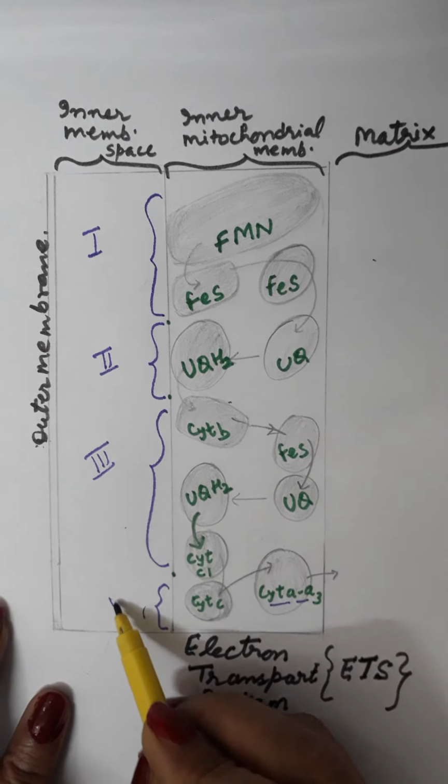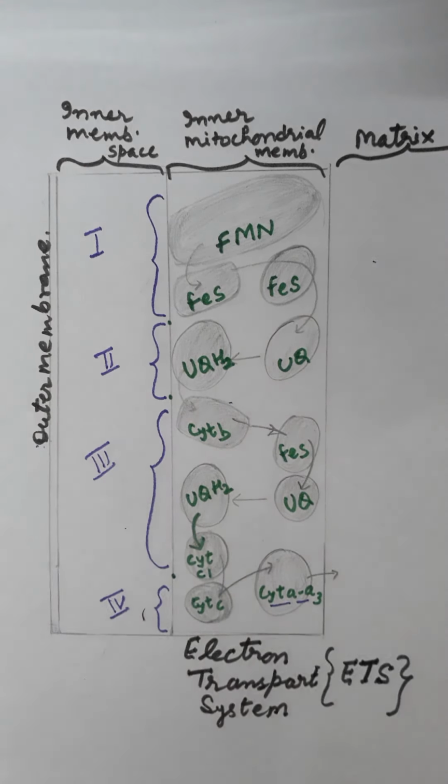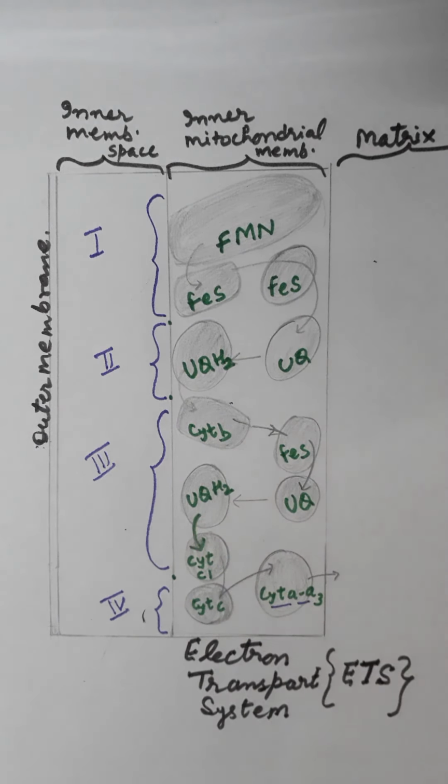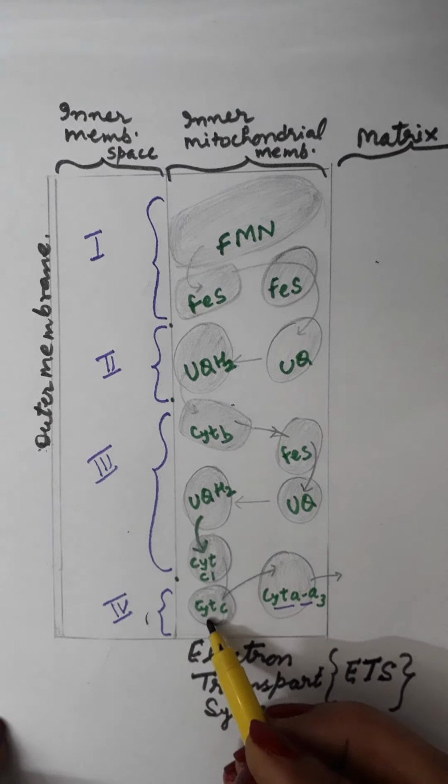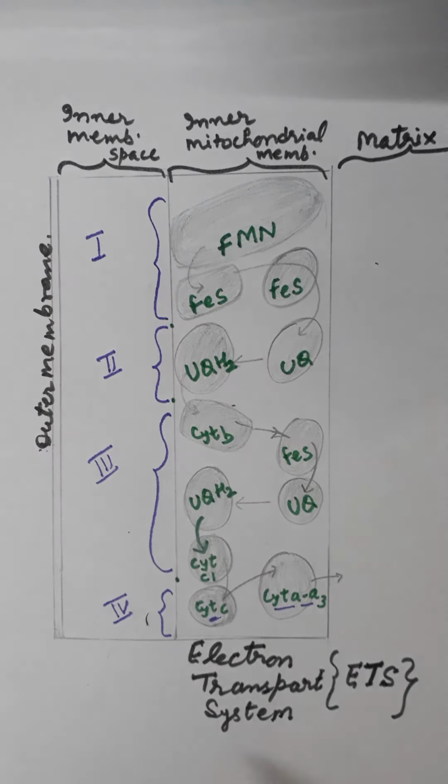This cytochrome C is a small protein which helps in the transfer of electrons from complex 3 to complex 4. This cytochrome C is a small protein which is attached to the outer surface of the inner membrane.